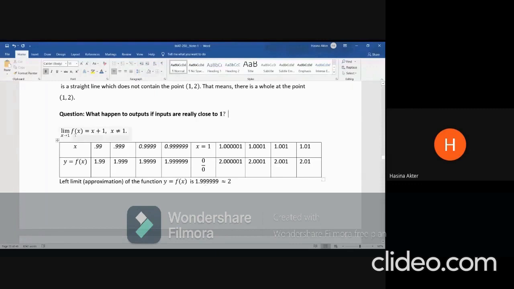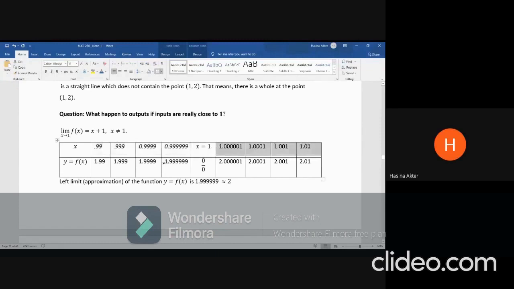For example, when you have this example in your hand, x doesn't equal 1. So pick a few values where x is close to 1 but is smaller than 1. Pick a few values which are close to 1 but larger than 1. And see the approximation from the left. Left means all these numbers which are smaller are sitting on the left, and the numbers which are larger are sitting on the right of 1.